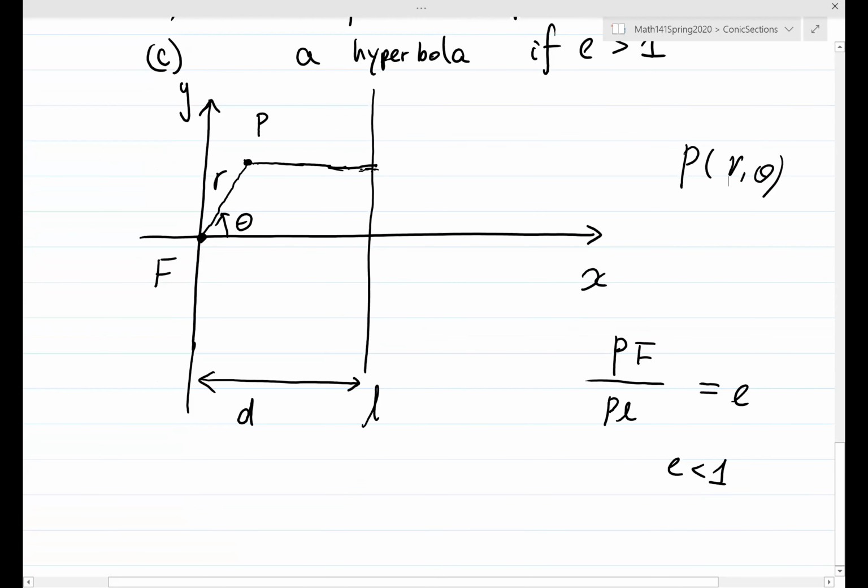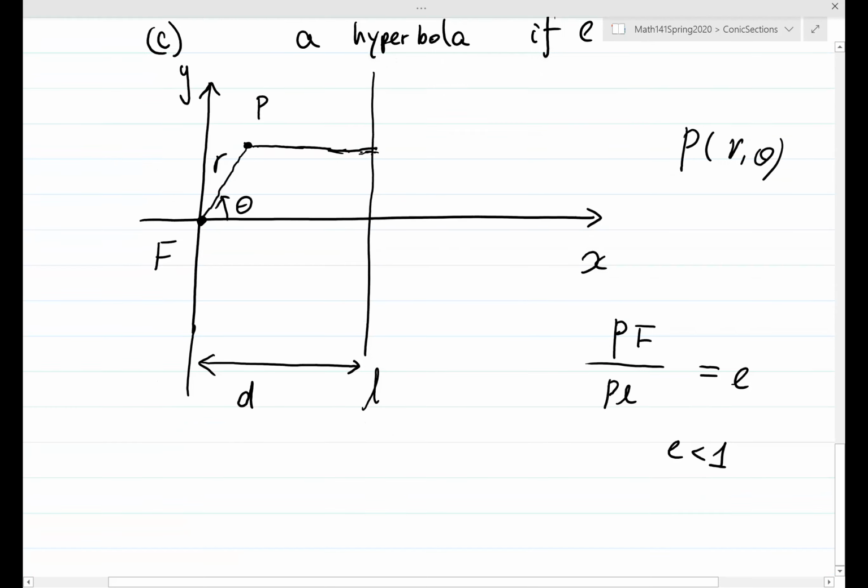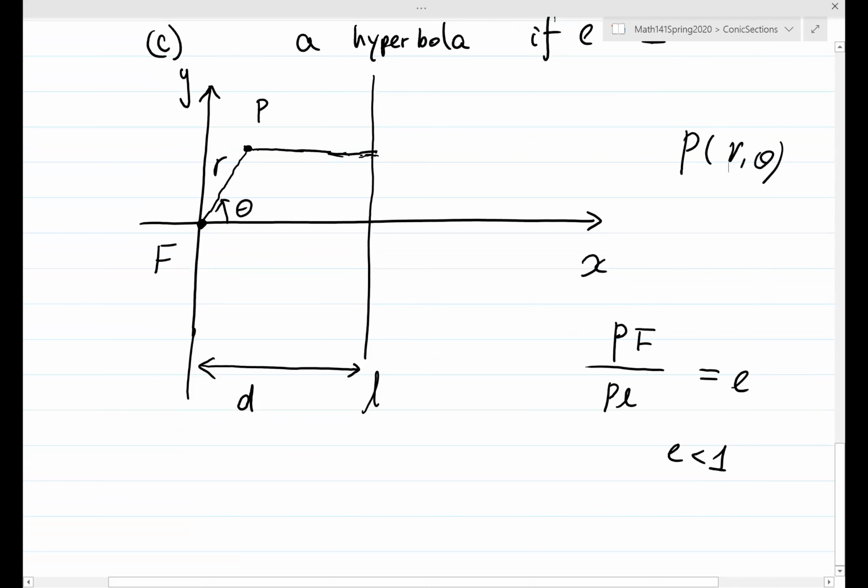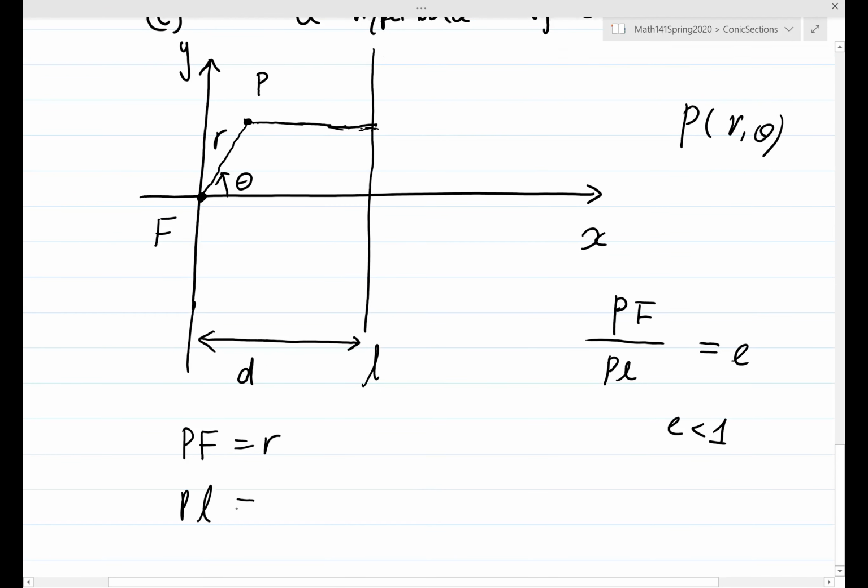Now what do we get for PL? PF is easy, PF is R. How do we get PL? If we draw the perpendicular line, and let this point be Q, then FQ is R cosine theta, the x coordinate.